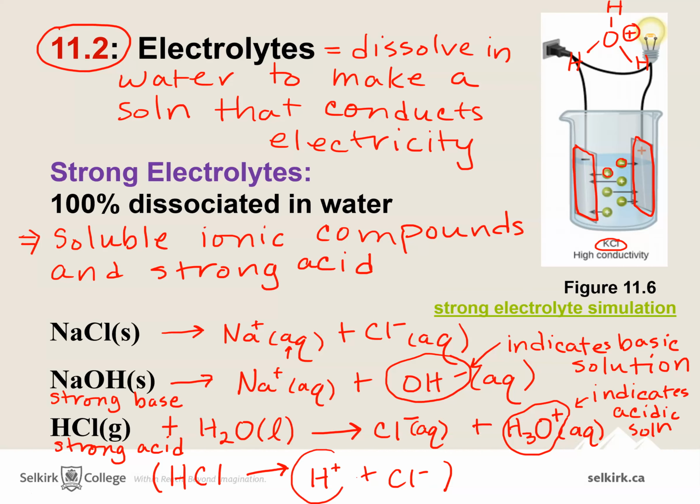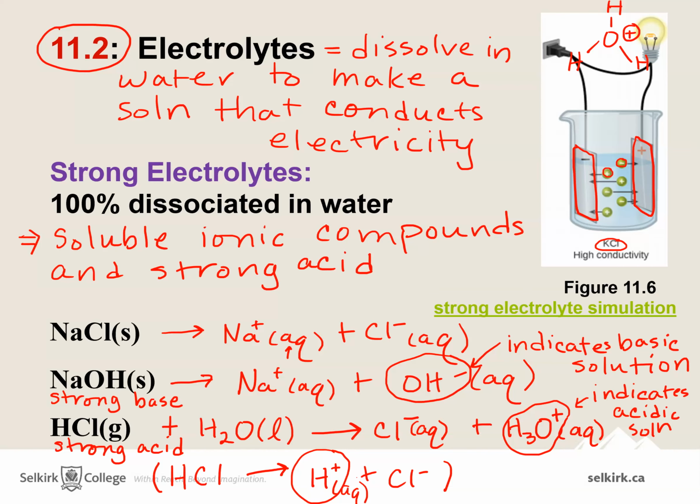So can you use H+? Yes, if you know that I know that you know that I know that there's really no H+ in the solution. It's really just an H+ stuck to a water. It's really a hydronium ion. I prefer the former way. Let's see by the end of the semester if I can get you to prefer it too, but you're not wrong if you do it the other way.